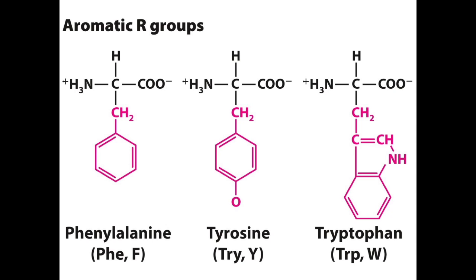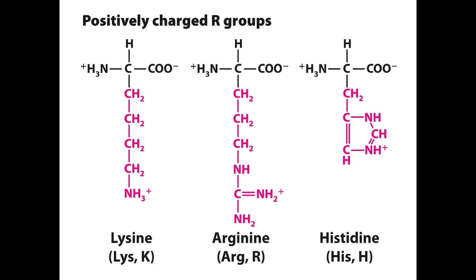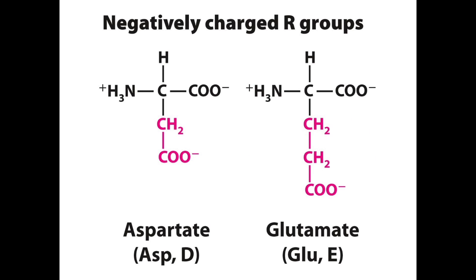Some amino acids have aromatic R groups, such as phenylalanine, tyrosine, and tryptophan. Others have positively charged R groups, such as lysine, arginine, and histidine. And of course, there are some amino acids that have negatively charged R groups, such as aspartate and glutamate.